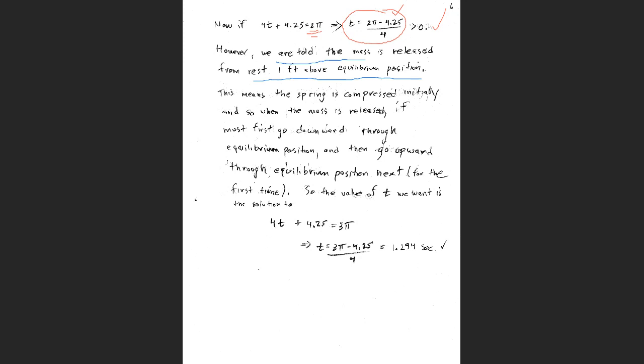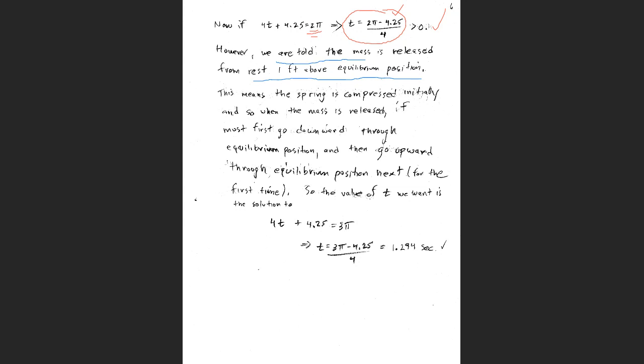The mass is attached to a spring, and you release the mass from rest. The mass is 1 foot above equilibrium position. What's the mass going to do? Is it going to go up or is it going to go down? It's going to go down.